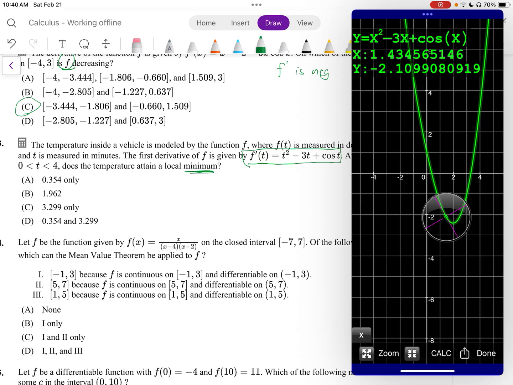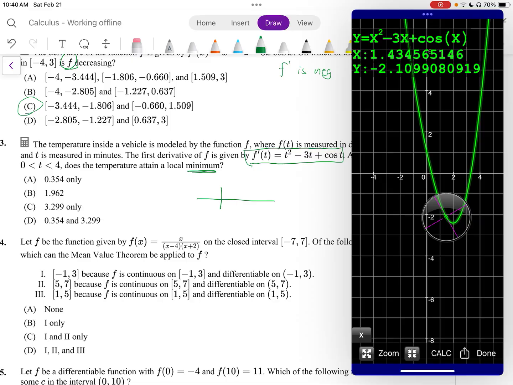However, what we want to do is look at the derivative to the left of that spot and to the right of that spot. I'm just doing this because I can't draw my graphing calculator. At this first value, it goes from positive to negative. Well, when a slope goes from positive to 0 to negative, that's a maximum.